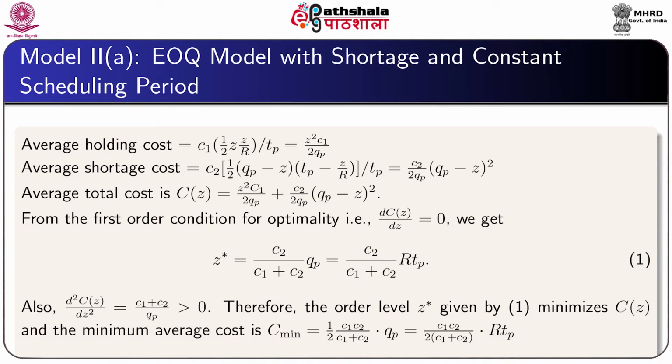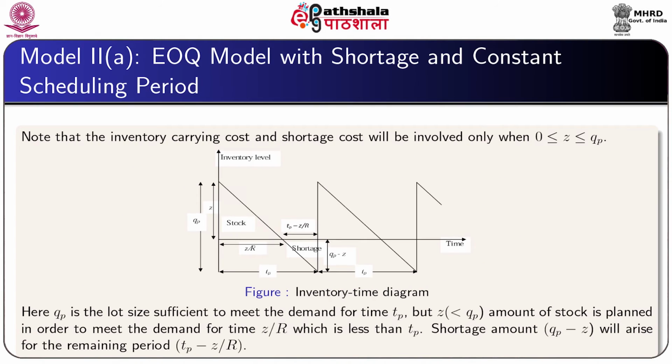Average holding cost in this case is C1 into half Z into Z by R, divided by Tp. The inventory holding area is determined by considering the area of the triangle, and similarly the shortage area is considered by the area of the triangle shown in this figure.